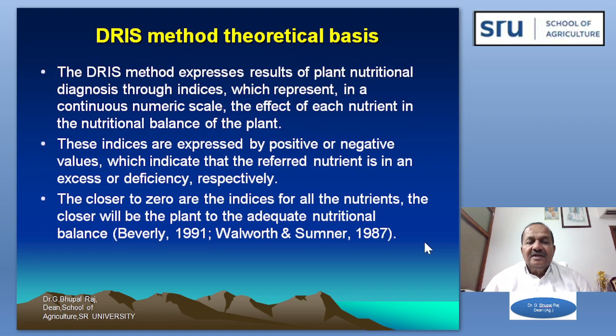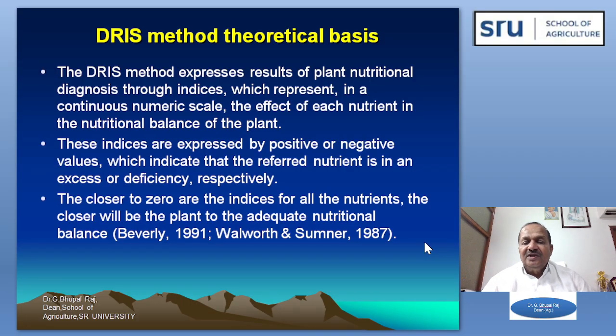The DRIS method expresses results of plant nutritional diagnosis through indices, which represent in a continuous numerical scale the effect of each nutrient in the nutritional balance of the plant. These indices are expressed by either positive or negative values, which indicate that the referred nutrient is in excess or deficiency, respectively. For example, the more positive the value, it is excess.